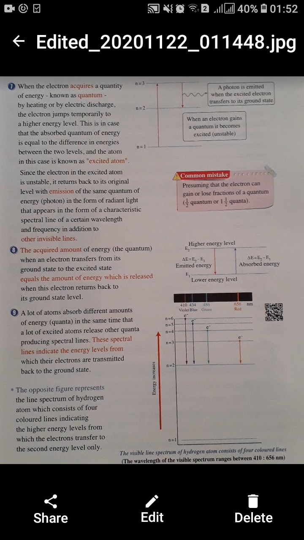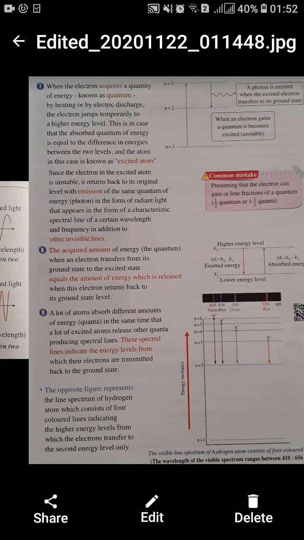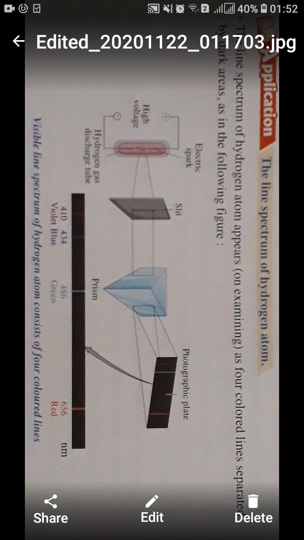These colors are red, green, blue, and violet. And here, by using the prism, we can separate this spectrum to get the 4 colored lights.